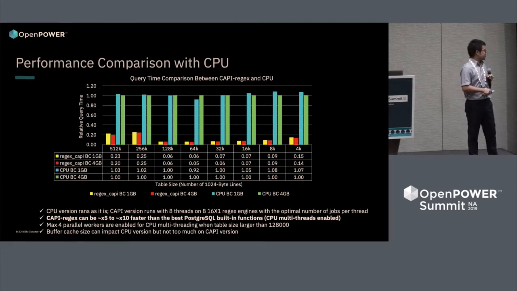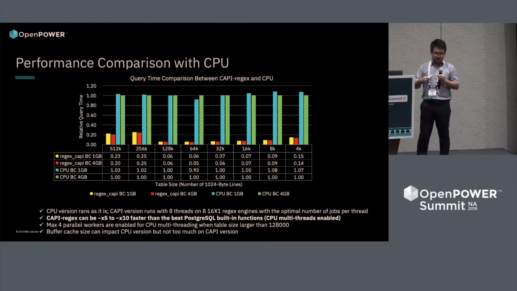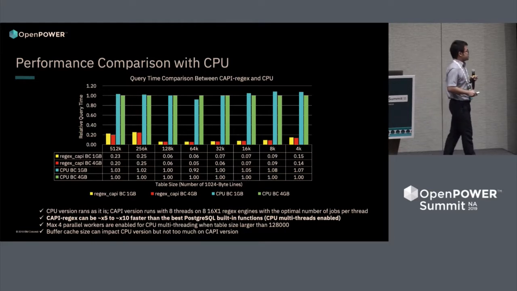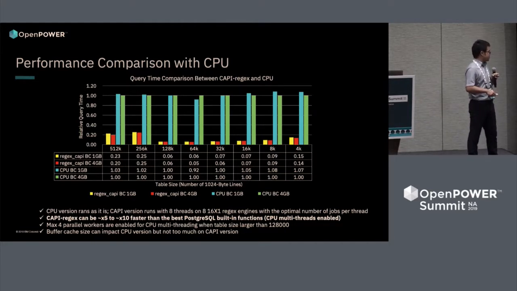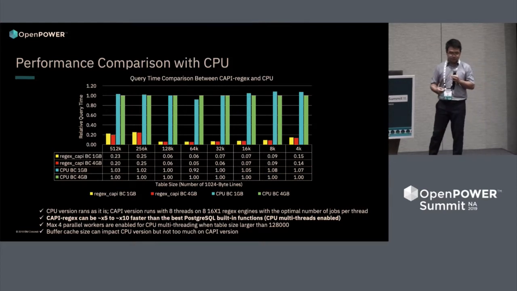When the table is larger, the speed up drops from 10 times to 5 times. That is because when the table is larger, the CPU version uses CPU parallel workers, which speeds up the CPU version, but we still have a 5 times advantage.